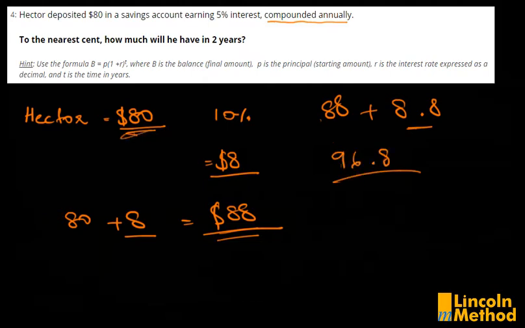So he started off with $80, but by the end of the second year, he has $96.8 as his principal, and this is what compounded annually really means.